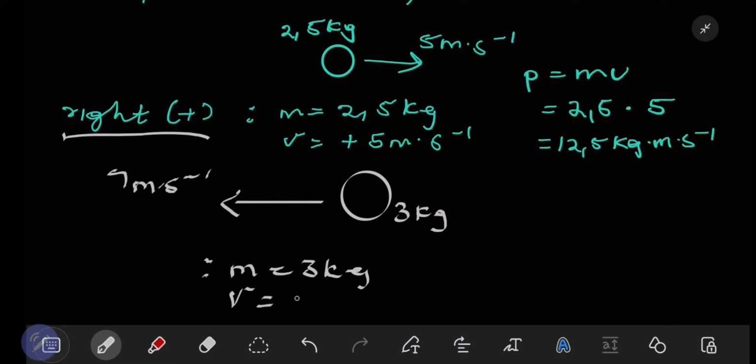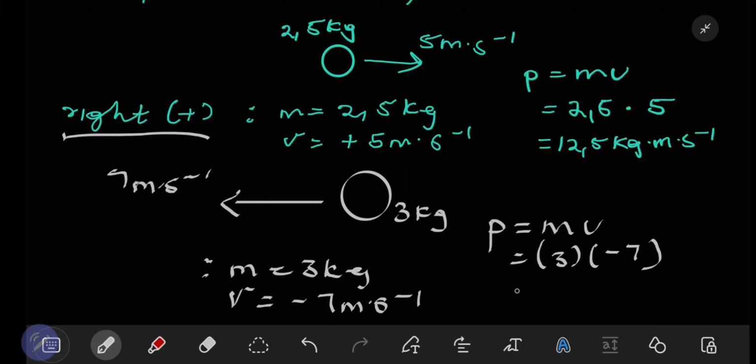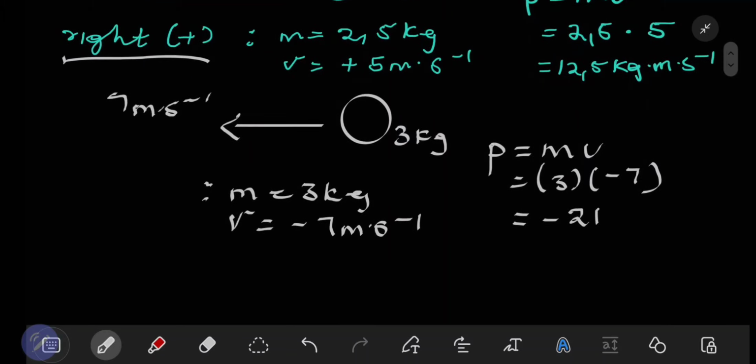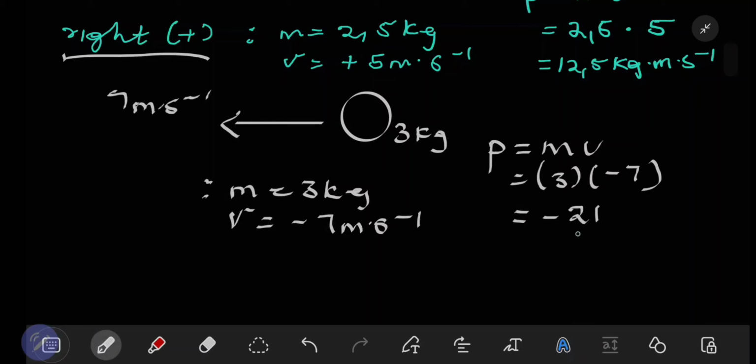So our velocity will be negative 7 meters per second. So our momentum will be 3 multiplied by negative 7, and we get negative 21. This negative will show you the direction in which the ball is moving. So we can say this is equal to 21 kg meters per second to the left.